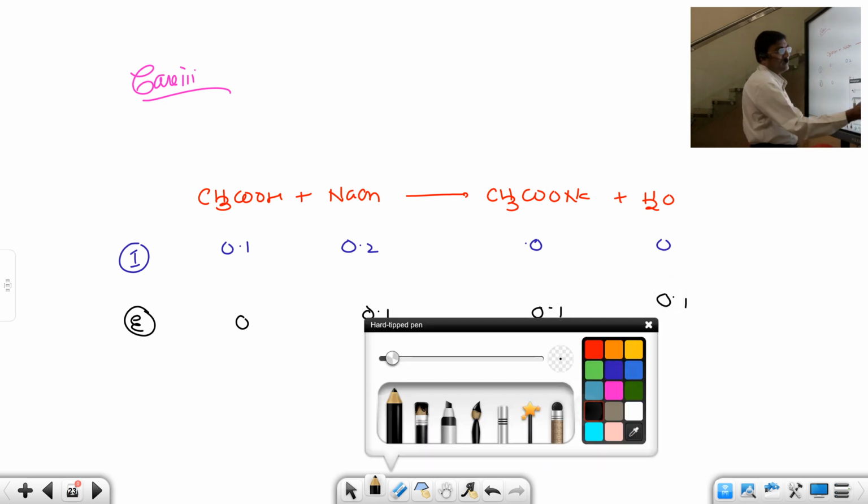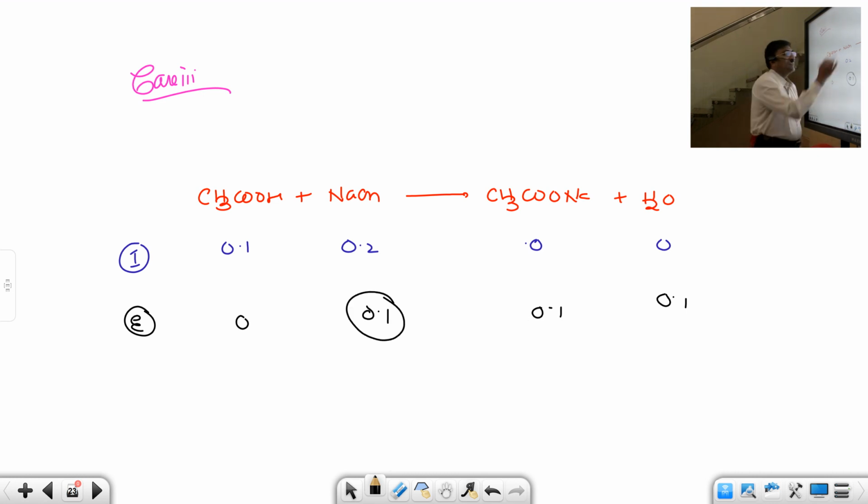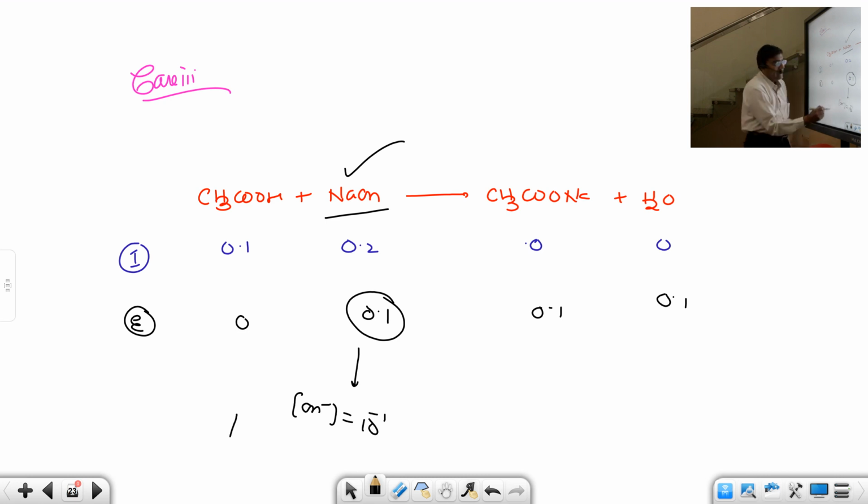Now listen students, this is important. What is this? Strong base. This you forget about. The strong base has an OH minus ion concentration of 10 power minus 1, and the H plus ion concentration will be 10 power minus 13. So I get the pH value directly: 13.